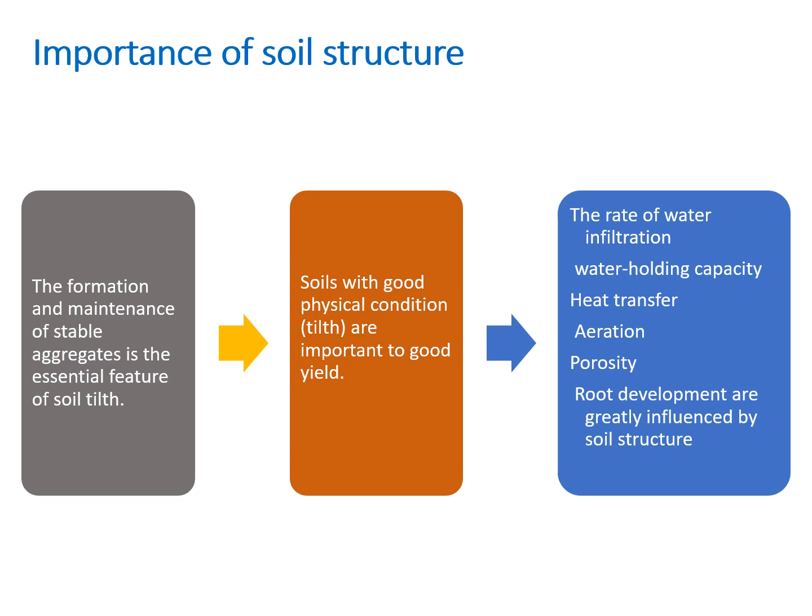Then aeration, the porosity, the total pore space in the soil, greatly affects root development, as I mentioned in the previous slides. So soil structure has an impact on soil tilth. Soil tilth is a term used in agronomy, and you may have discussed it in agronomy courses as well. This soil tilth is important for these characteristics.